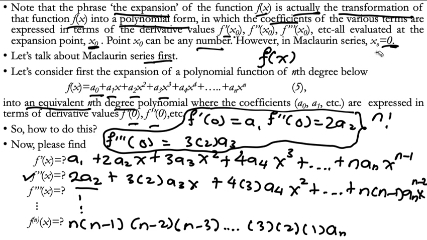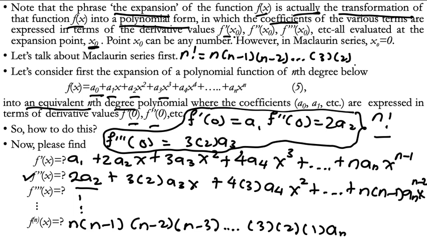I'm sure you know this formula anyway, because you have seen it before in high school. So n factorial is actually n times n minus 1 times n minus 2, until 3 times 2 times 1, such that n is a positive integer. It has to be a positive integer.